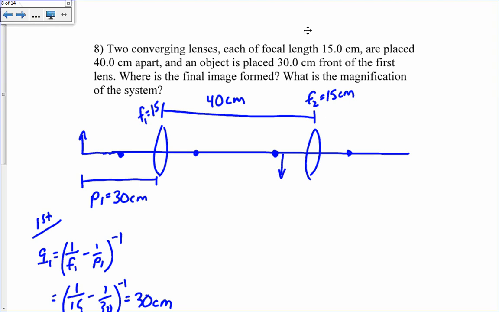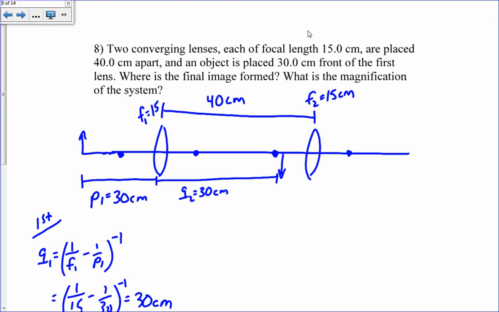All right, notice that I draw it inverted. This distance is q1. It's equal to 30 centimeters. That was because the magnification was negative. I also drew it the same size as the object, but inverted, because the magnification was equal to negative 1.